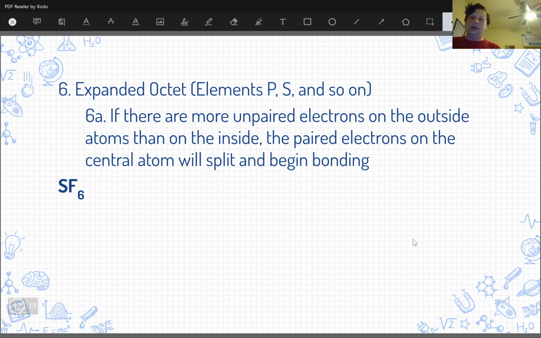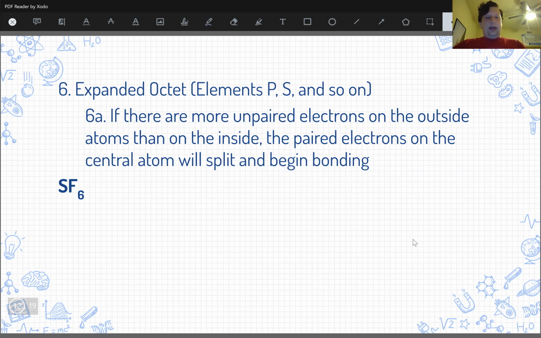So a very limited amount of atoms, but it's still useful when talking about those atoms. Here, however, it's not. These elements don't always have an expanded octet. It's just if there are more unpaired electrons on the outside atoms than on the inside, they will pair more.